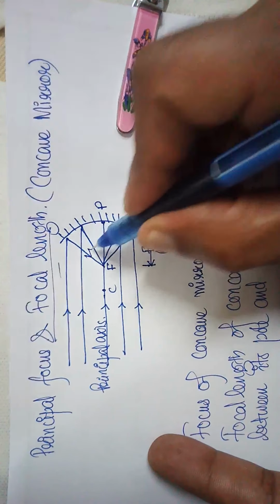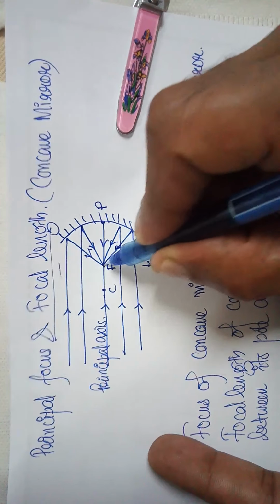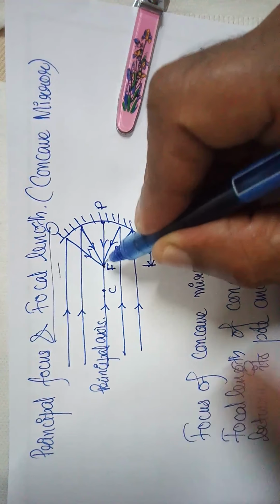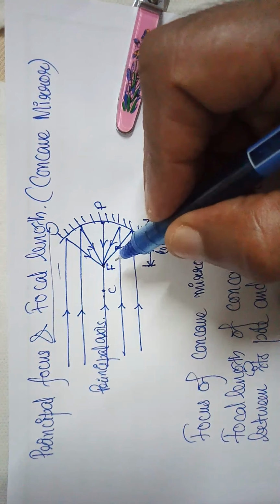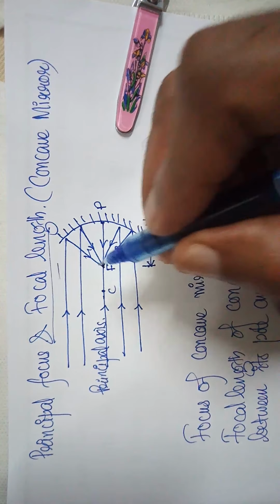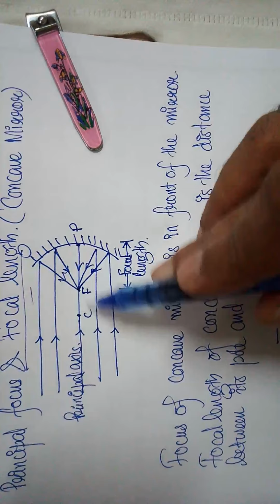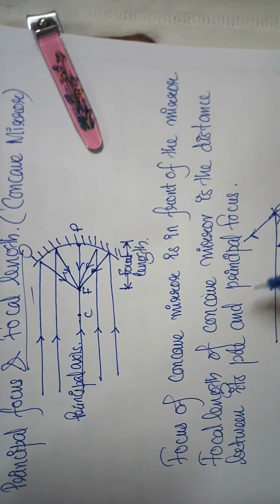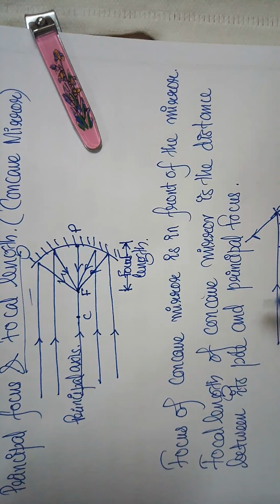These converging rays meet at one point, known as the focus or principal focus of the concave mirror. The focus of a concave mirror is in front of the mirror, as shown in this figure, and the focal length of the concave mirror is the distance between its pole and principal focus.